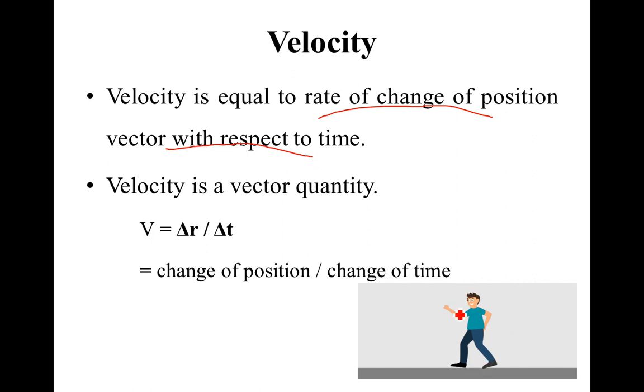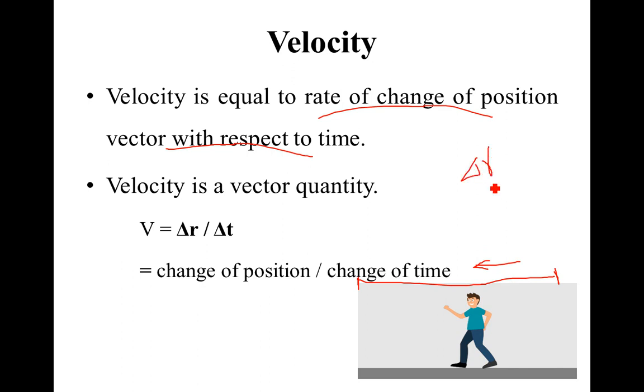If a person is moving from this point to this point, this is the displacement made by this person in one particular direction, from right to left, right? With respect to time, the change in displacement is the change in position.